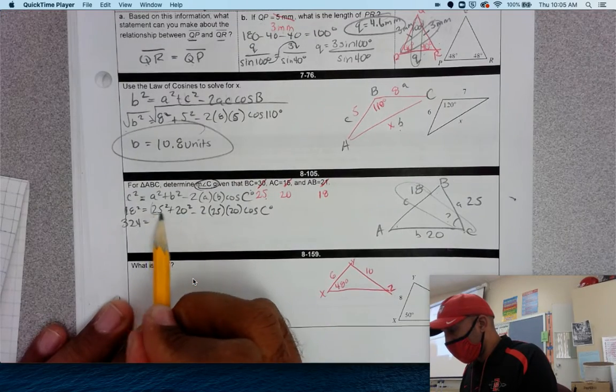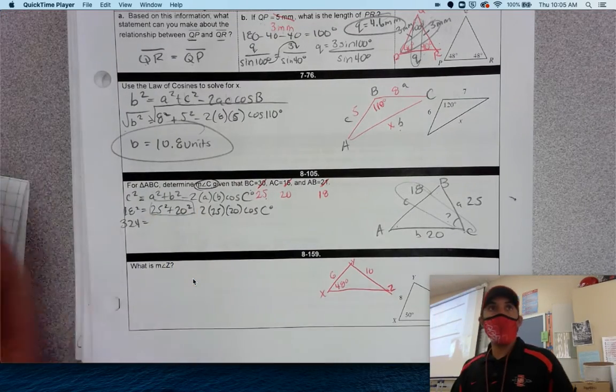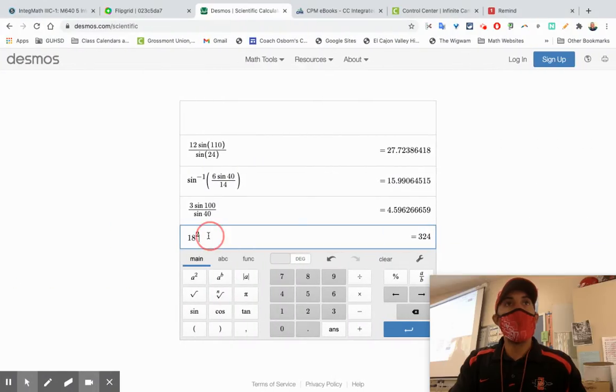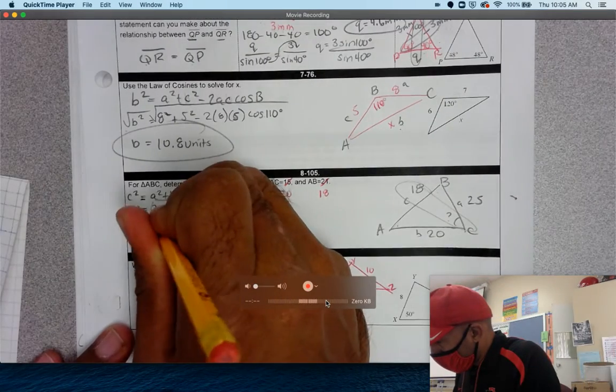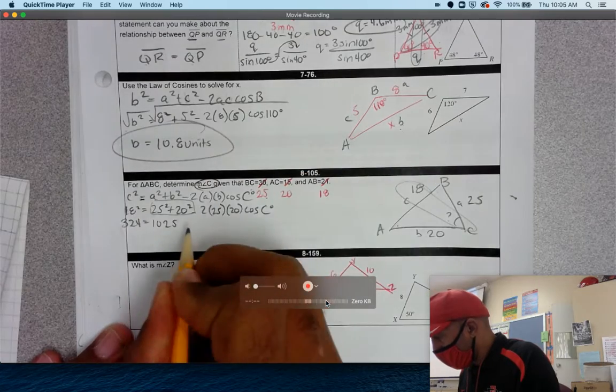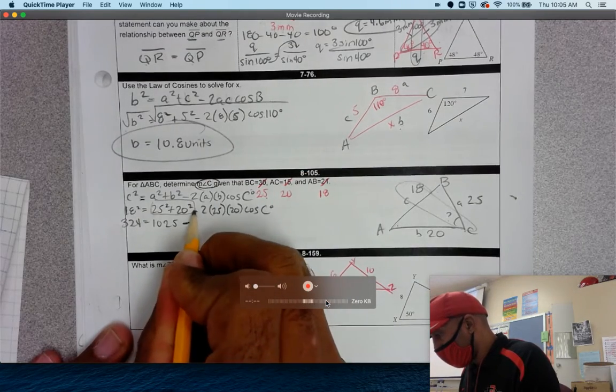Okay, so what I'm going to do is figure out what 25 squared plus 20 squared is. So 25 squared plus 20 squared, that's 1025. So that part of it's 1025 minus, don't forget the little minus there.